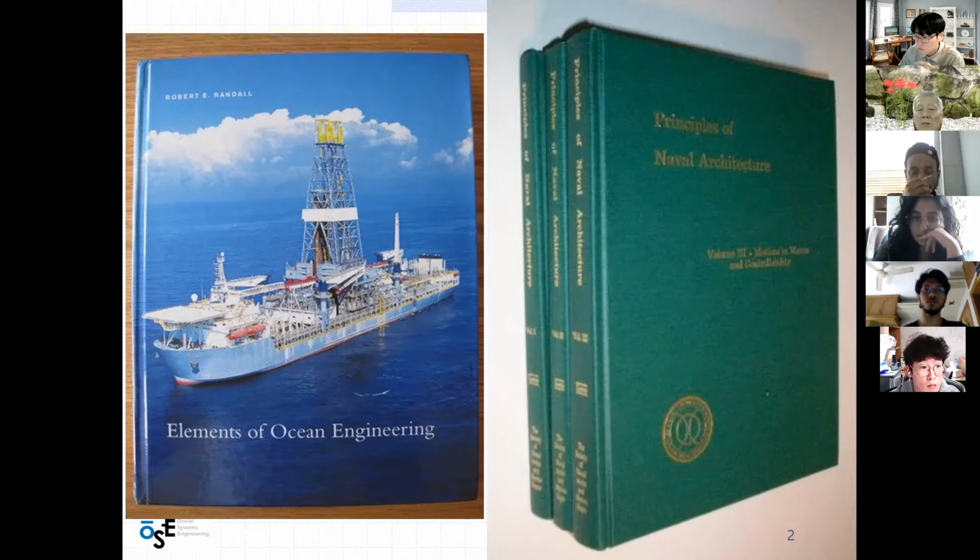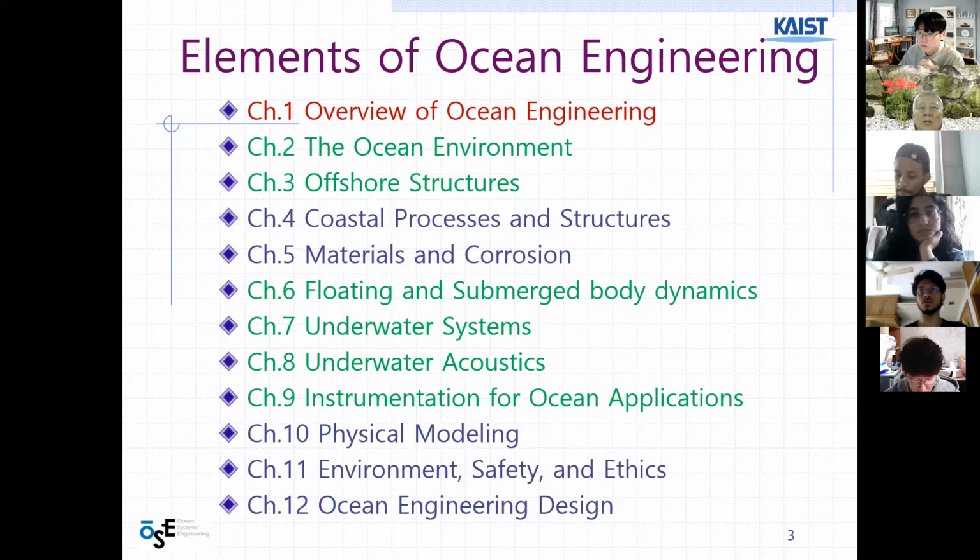It is a 3-volume book with very fundamental and basic principles covering all of naval architecture. Textbook 2, The Elements of Ocean Engineering, is made of 12 chapters, but we will cover only part of them. The green colored ones will be covered partially. And today I'll try to cover the overview.